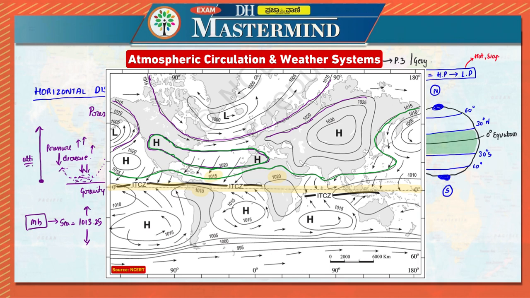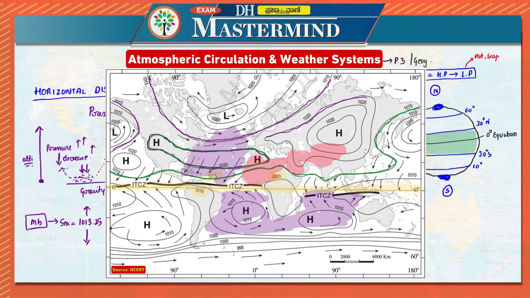Now there is a lot of influence on this pressure also, because if you can see over here, this is the region where there is a sea. Correct? And if you look at this region there is land. Again this region there is land. So in between there is sea also. In the southern hemisphere, if you see, there is more sea than land.